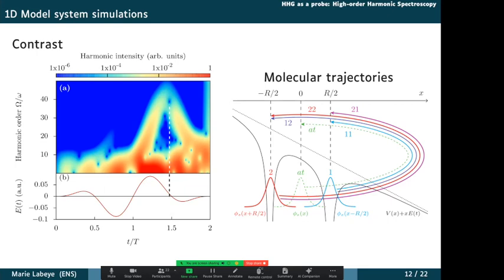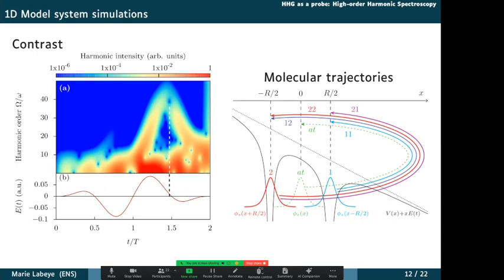Why is that so? Some people argued that it was because the instantaneous field dresses the ground state and so messes up a little bit this recombination dipole. And we also showed that it's not the only explanation, and that the Lewenstein model relies on some sort of classical trajectories to compute the HHG signal.